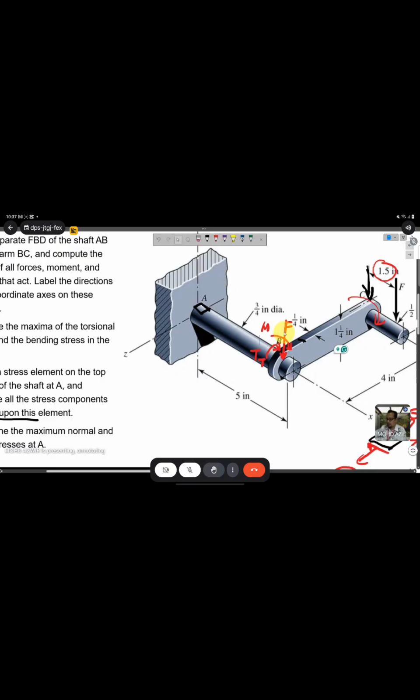I just press a downward force at B. What happens to this element? As you can see, at A, when I press this downward, there will be tension on this side. It will produce stress on this side, which is sigma x.